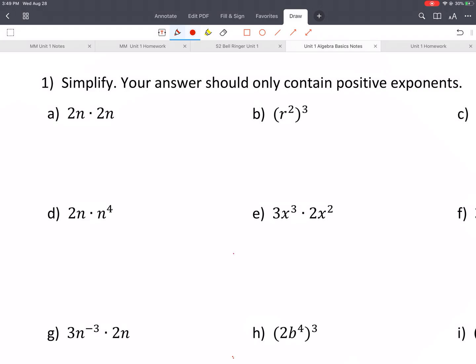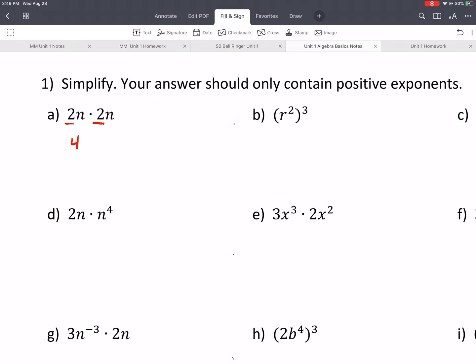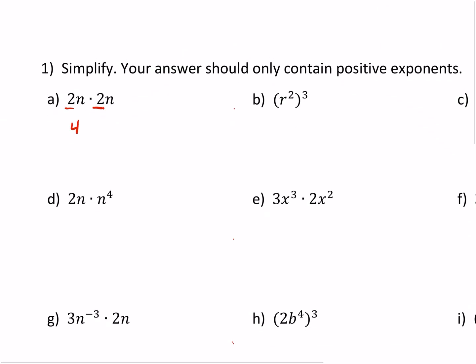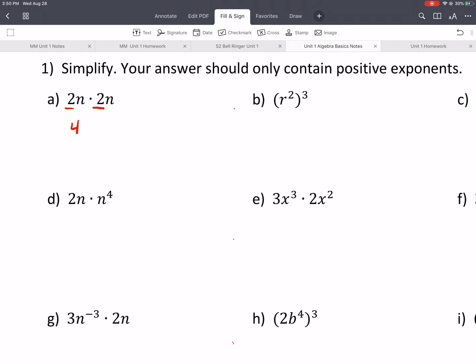So this one, we multiply the numbers in front of the bases, which would give us 4. Okay, so we'd get n times n, and n times n is the same as n squared.